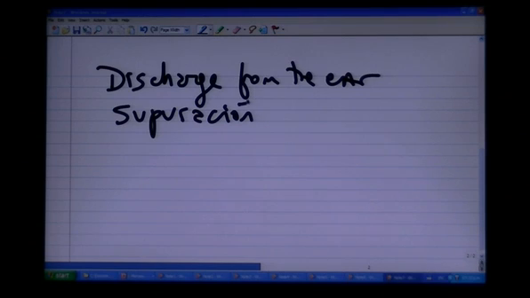Supuración de los oídos. Discharge, en español, supurar quiere decir todo lo que el cuerpo humano saca en forma de líquido, de fluido. Que puede tener bacteria o no, es independiente.